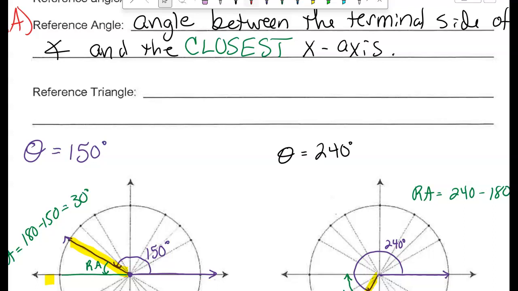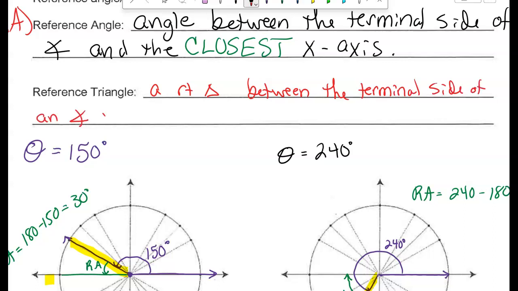It is the following. A right triangle between the terminal side of an angle and is perpendicular to the closest, because that's what makes it the right triangle, to the closest x-axis.